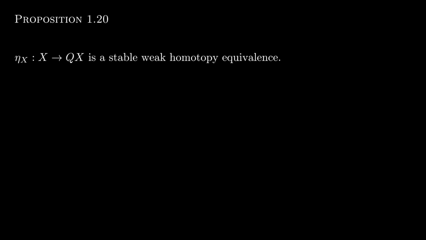Regarding the second statement, observe this sort of backtracking maneuver in spectrification. We move along the diagonals, which are weak equivalences by construction, in order to get an element that is related to the original component space.